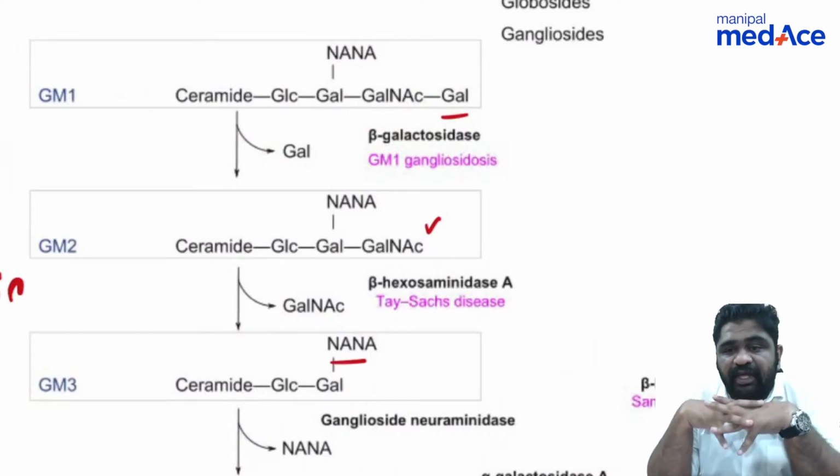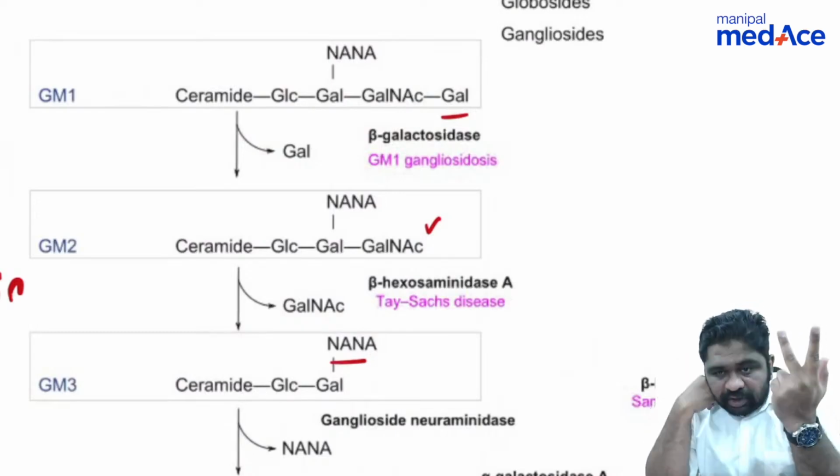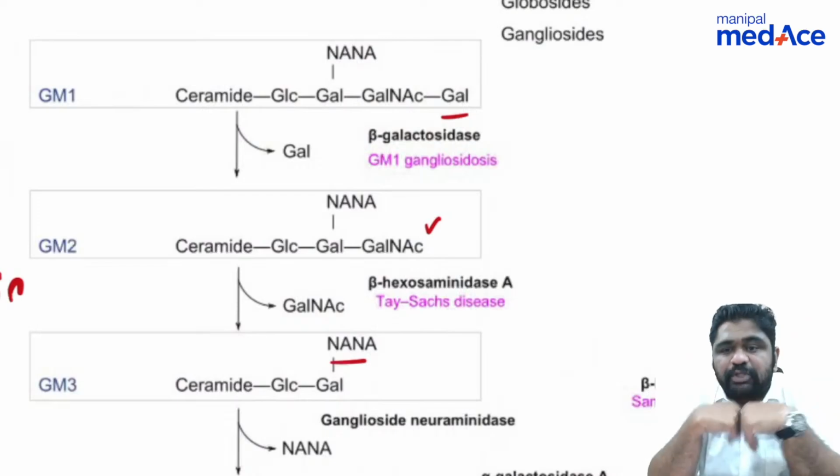Dear students, by looking at the three compounds called GM1, GM2 and GM3, can you tell me which one is the biggest?